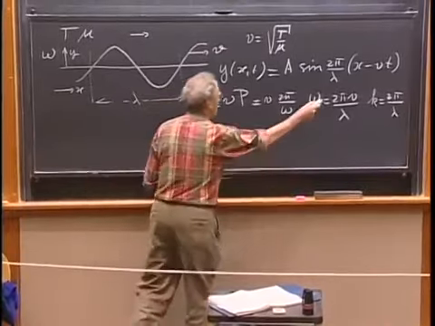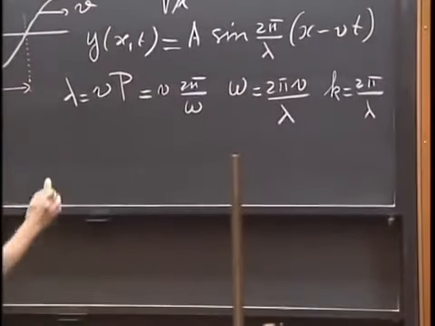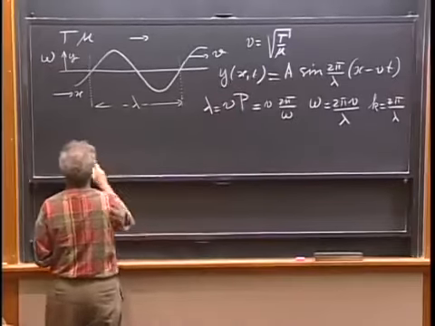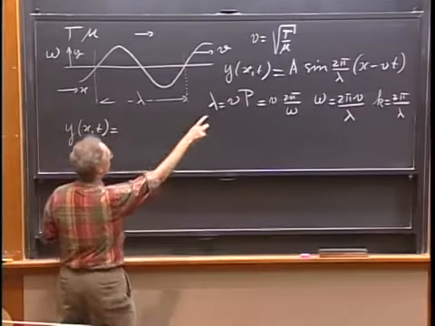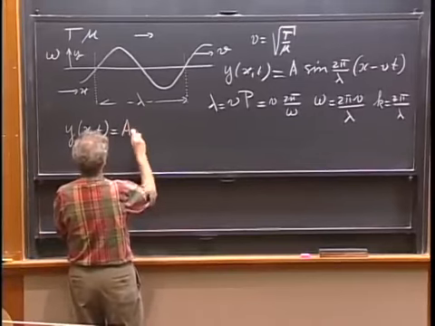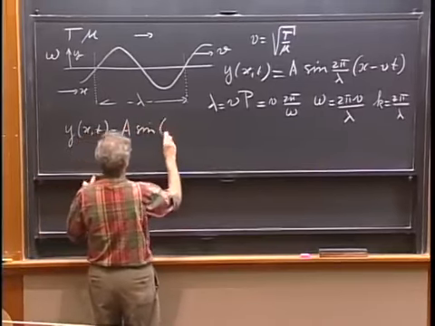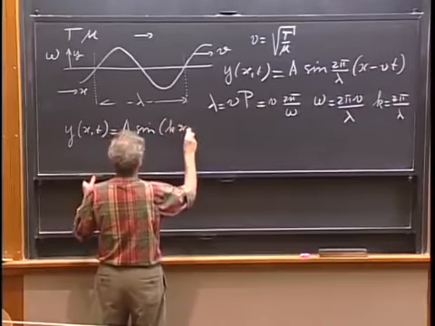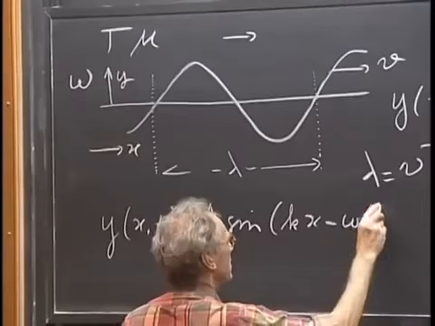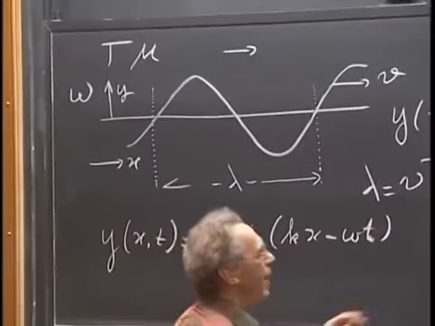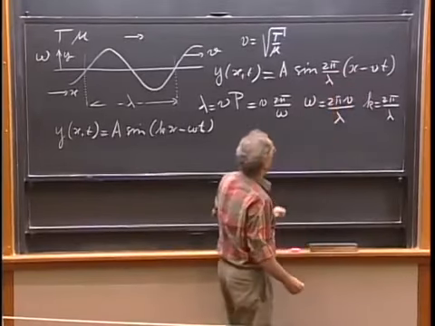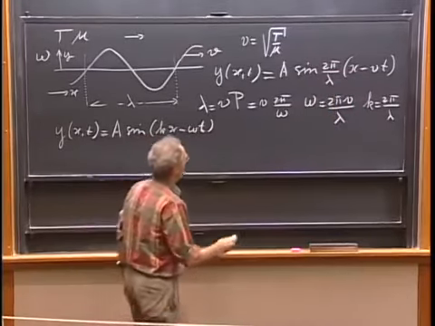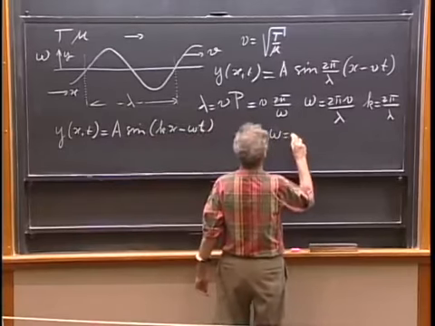If I use that new k, then I can rewrite this in a form that you see very often, but there's nothing wrong with that form. That would now be A times the sine of kx minus omega t. Notice the 2 pi over lambda becomes k, so that is kx, but omega is always k times v.